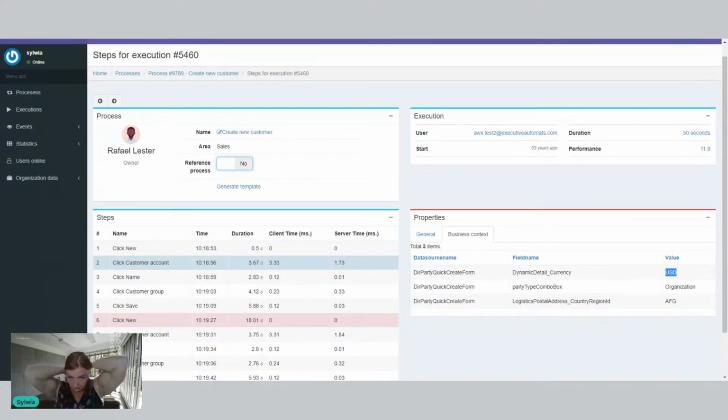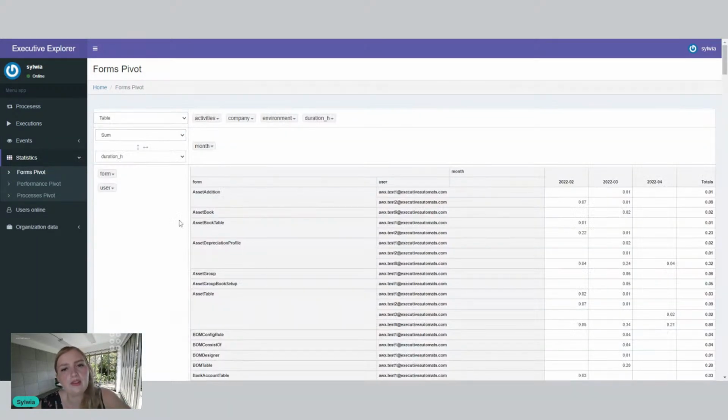Okay, there are two more things I wanted to show you regarding statistics. Here, forms pivot. It's a place which works a little bit like a pivot in Excel. You can view this data in different ways, as a table or charts or heat maps, as you wish. I will now focus on the table.